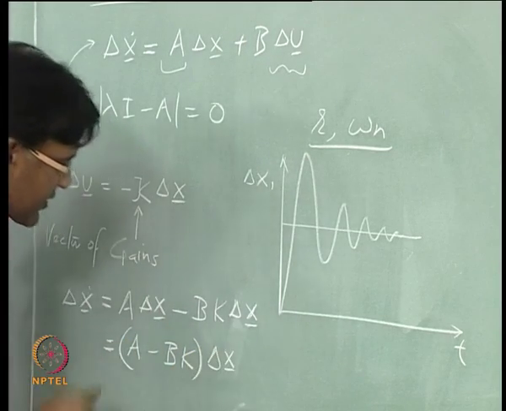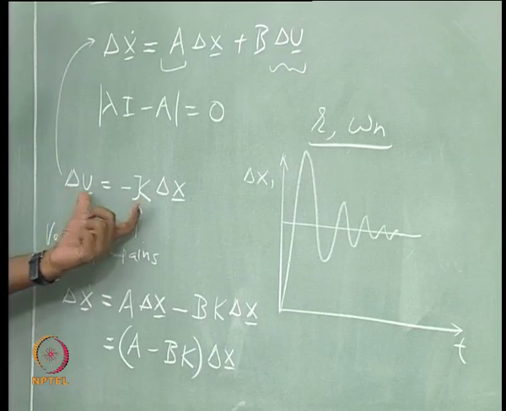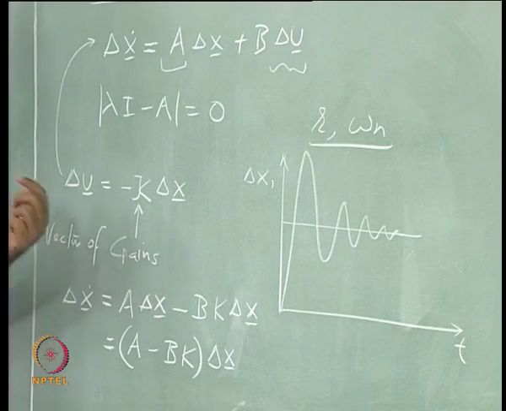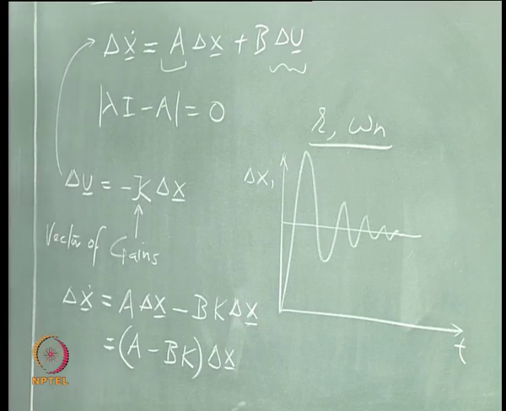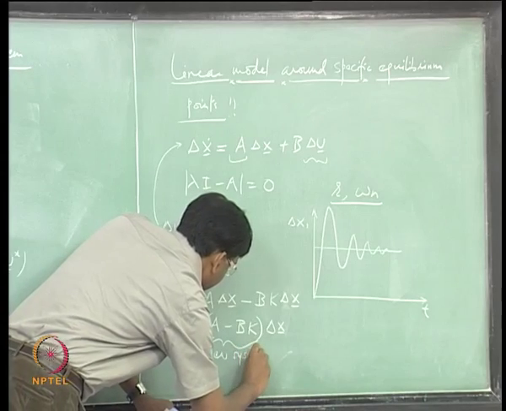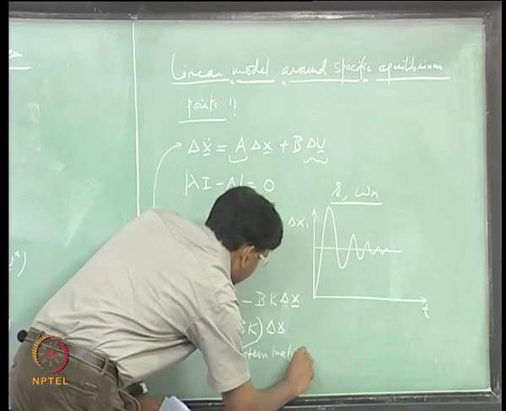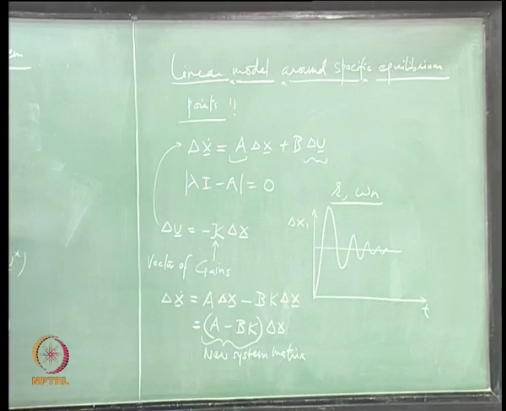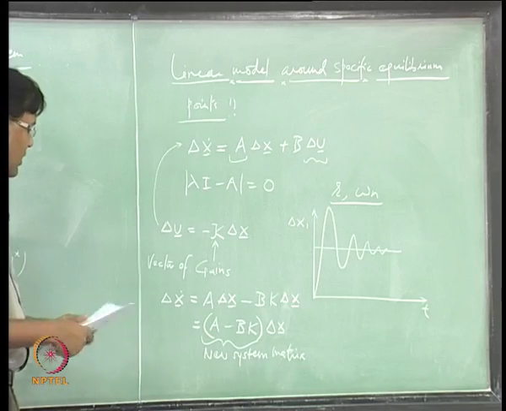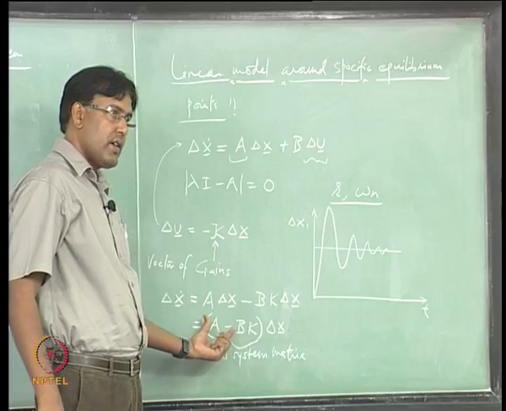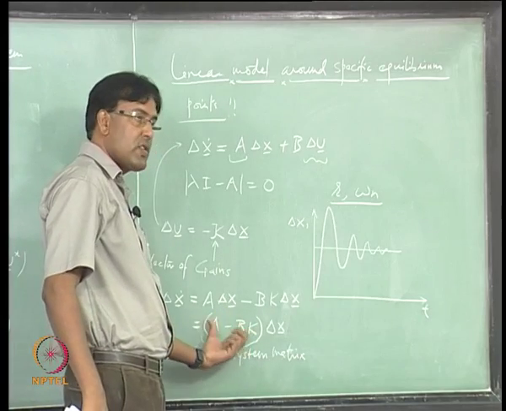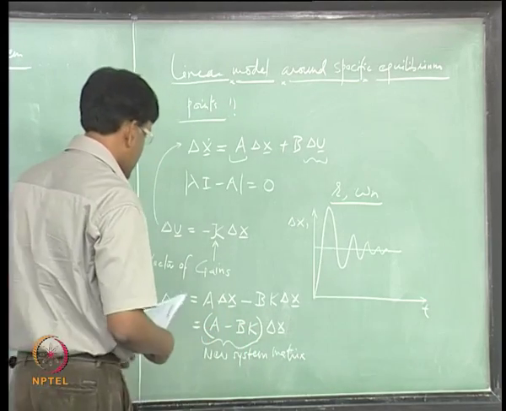So, the new system matrix, when we include this law in the linear model, becomes A minus B into K. And now, if we want to look at the behavior of aircraft including this control system, then we have to solve the eigenvalues of this equation.